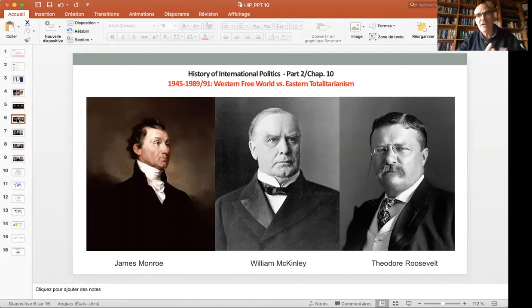So for the first time, a non-European power was able to tell the Europeans, stop, don't go further. We will refuse your intervention. In the Western Hemisphere, the US is different from the European powers.